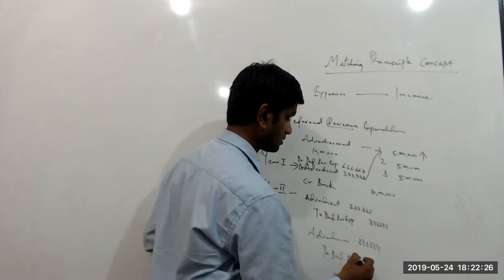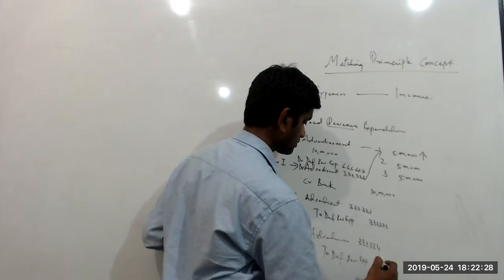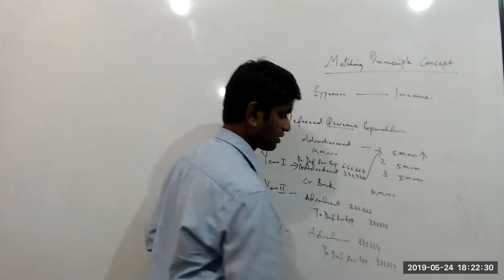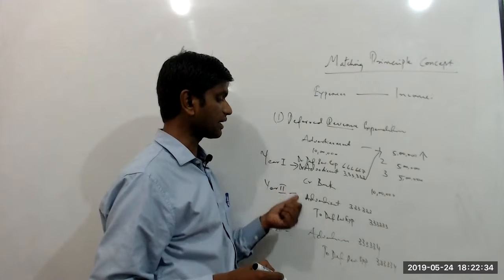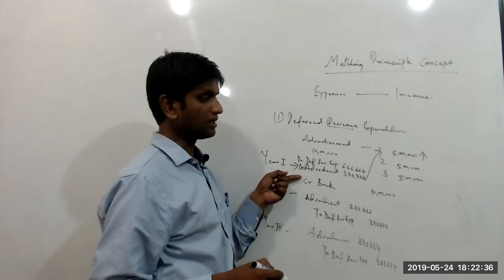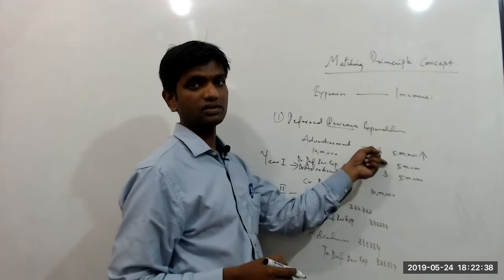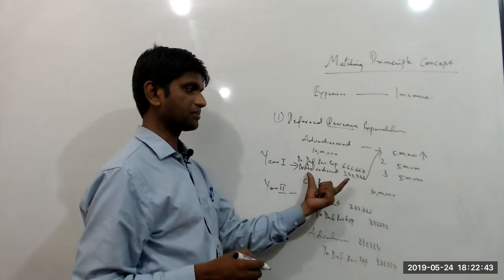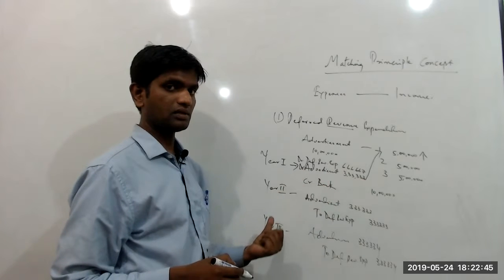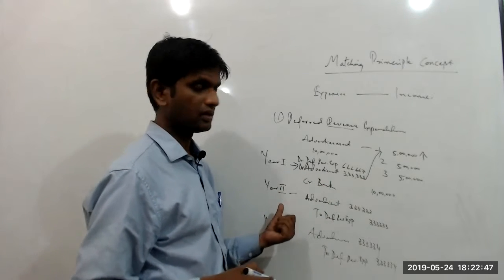That is just the rounding off difference. So this is the best example which explains the matching principle concept. We are booking the expenditure to the extent of income that is generated. That is how we book the expenditure, and this is in consonance with the requirement of the matching principle concept.